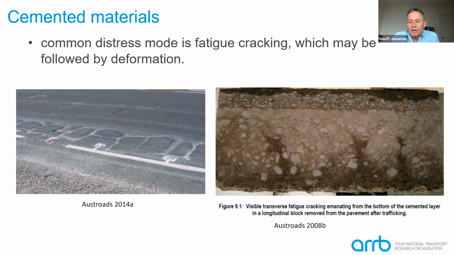On the right-hand side is a cross-section through one of our accelerated loading experiments, where we didn't see cracking on the surface, but when we cut the pavement after the experiment, you could see where cracks were developing at the bottom of the layer. So that gives you some idea of the cracking that we observe with cemented materials and what we design for.